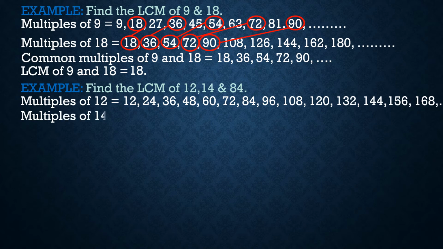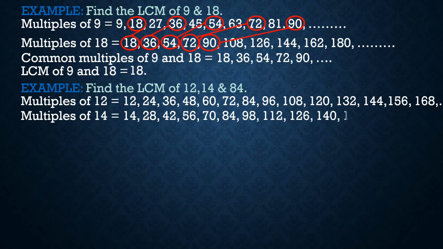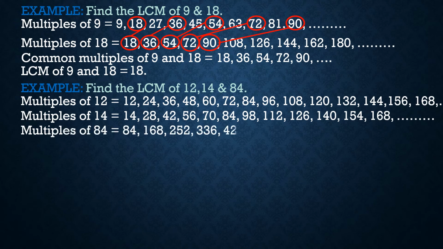Multiples of 14 are 14, 28, 42, 56, 70, 84, 98, 112, 126, 140, 154, 168 and so on. Multiples of 84 are 84, 168, 252, 336, 420, 504, 588, 672, 756, 840 and so on.